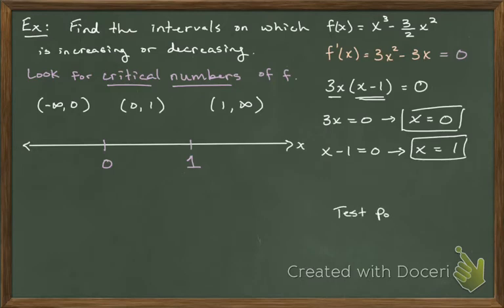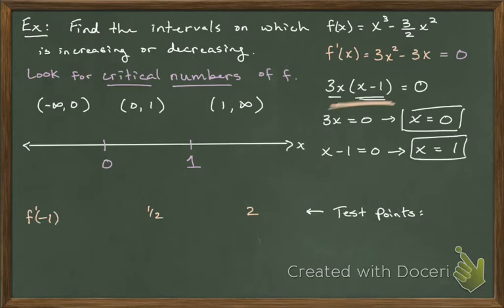So I need what we call test points. I will pick numbers that are easy to plug in for each of these intervals, say -1, 1/2, and 2. That's the best I can come up with. Just nice, round numbers to plug in, not into your function, but into your derivative.